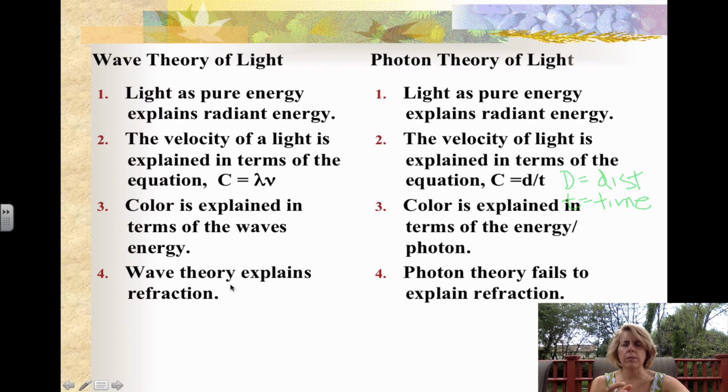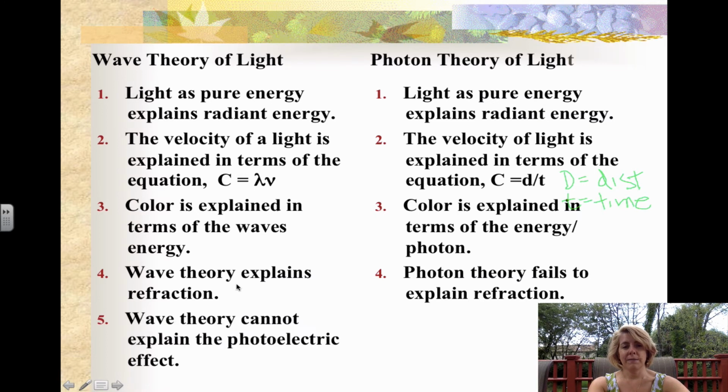How does a photon of light get bent? The problem with the wave theory is there's no way that waves can explain the photoelectric effect. Remember that photons are ejecting electrons from metals, whereas photon theory explains the photoelectric effect very well.